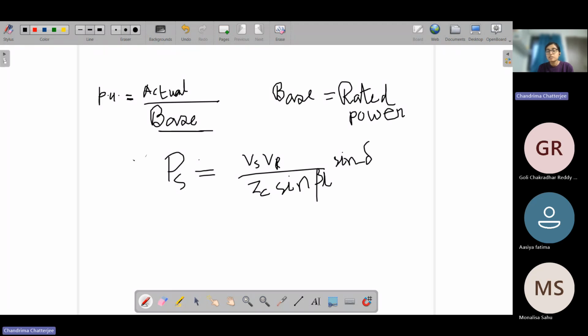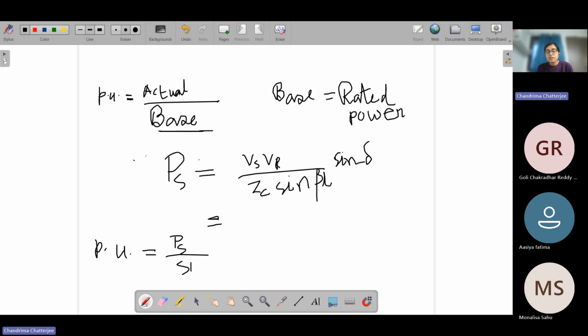Here they have mentioned delta equal to 30 degree. So you can find out PS, and then your per unit active power would be your calculated value PS divided by the SIL.